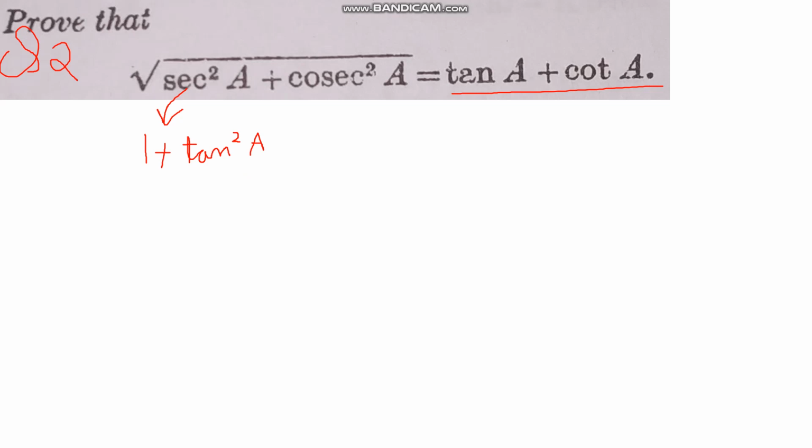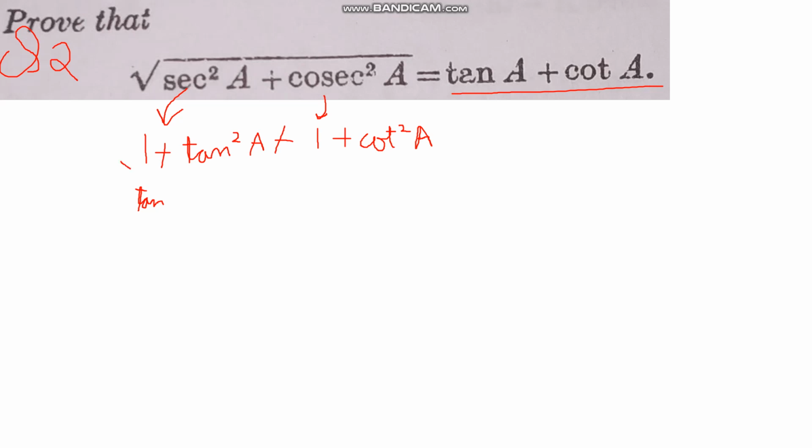This is tan square A, and this can be written as 1 plus cot square A. Now, if we add these two, writing a plus symbol here, this will come tan square A under root.